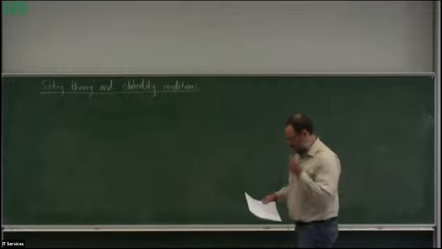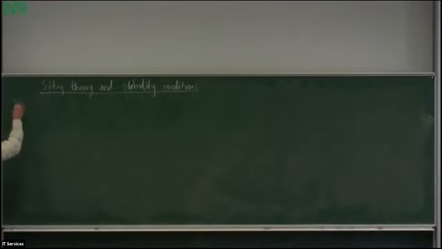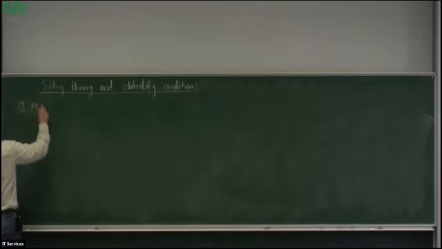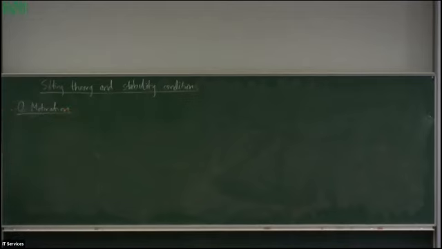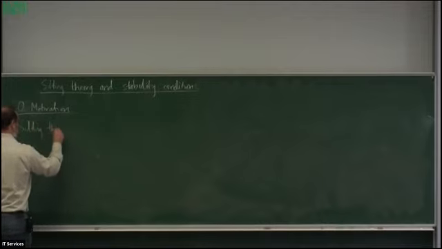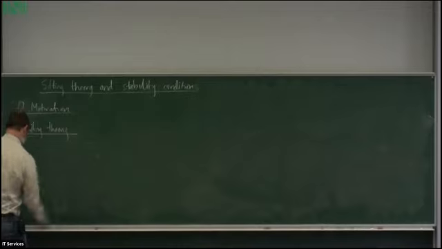So first, let me give a quick sketch, section 0, motivation. Let me just explain a little bit about what each of these things is. So silting theory: let's start.